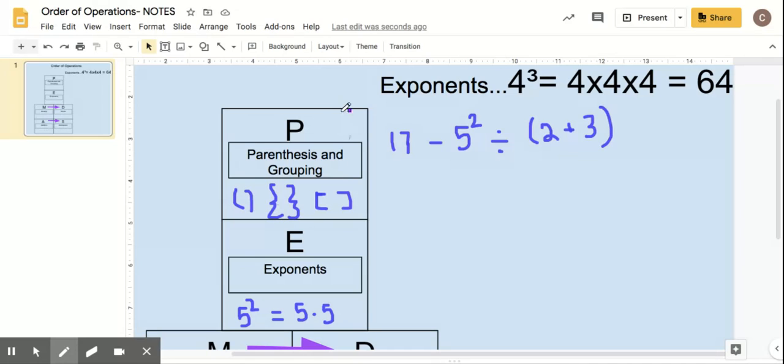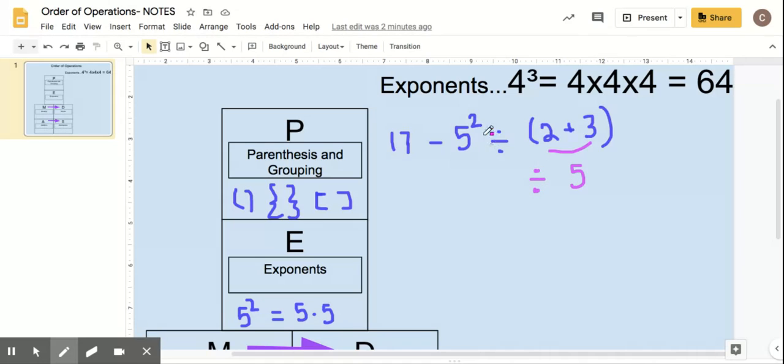So we're going to start up here at the top of our diagram with P for parentheses or grouping. Do we have parentheses or grouping in this problem? Good. We need to do the parentheses first, which would be 2 plus 3. 2 plus 3 gives us 5. So it's kind of like working backwards right now.